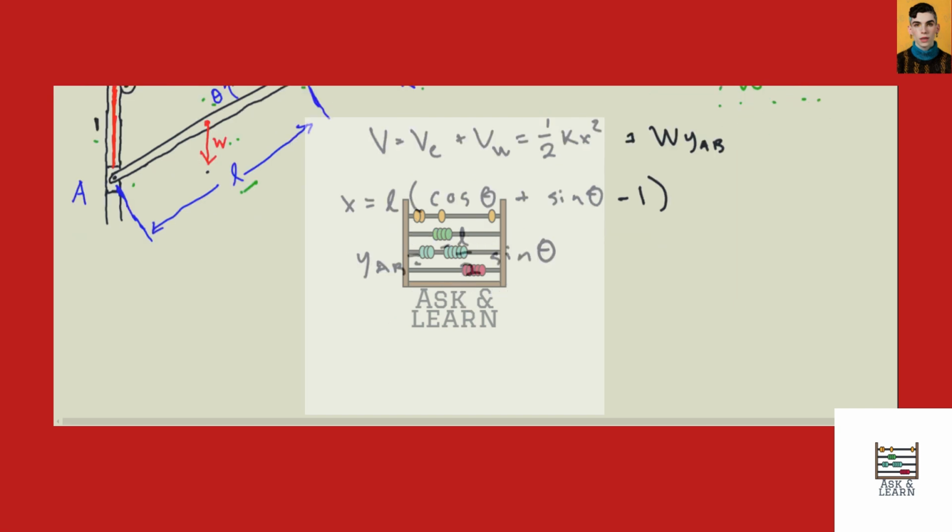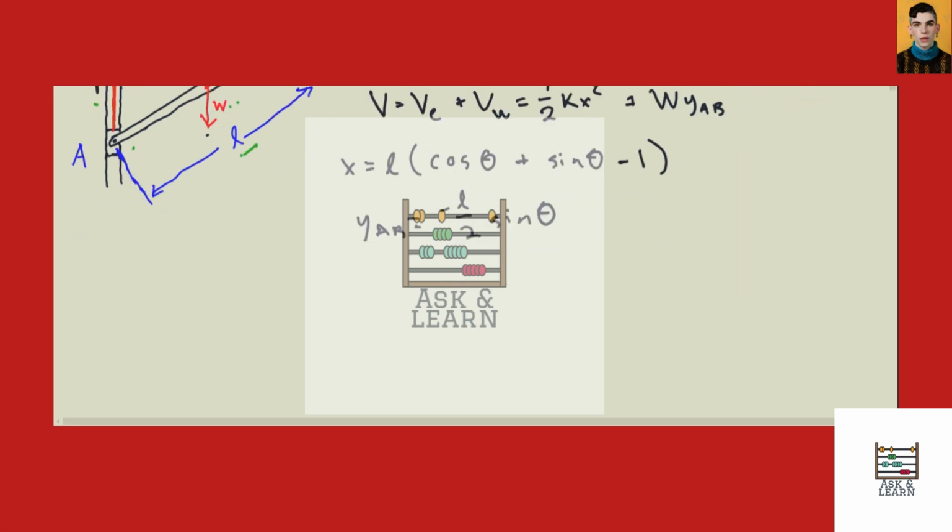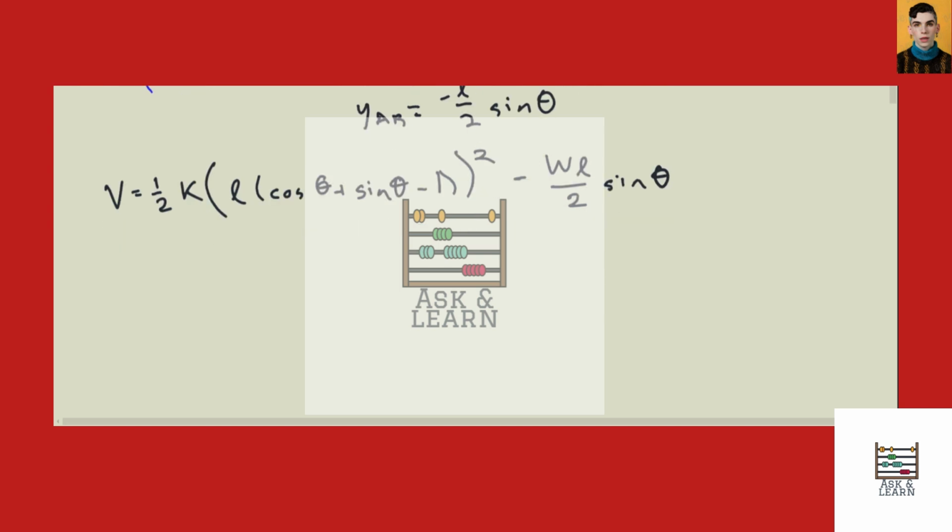So then we can sub these in and get our general expression for the potential energy. So V equals 1/2 K times the quantity L times cosine theta plus sine theta minus 1, and quantity squared, minus, again, just W times L over 2 sine theta. And again, this is just minus because we need them to be opposing, and that's how we've defined our coordinate system, this is the negative one.